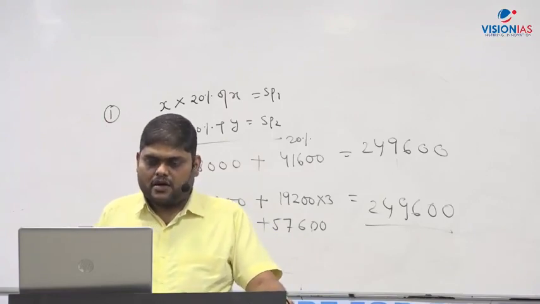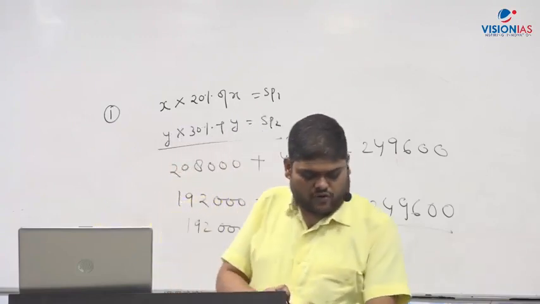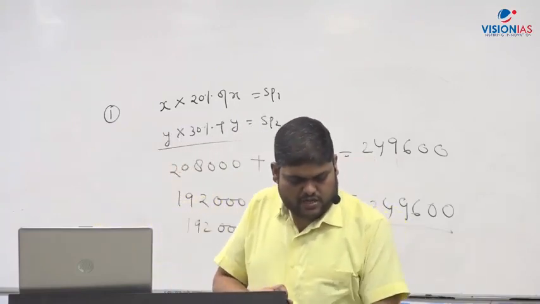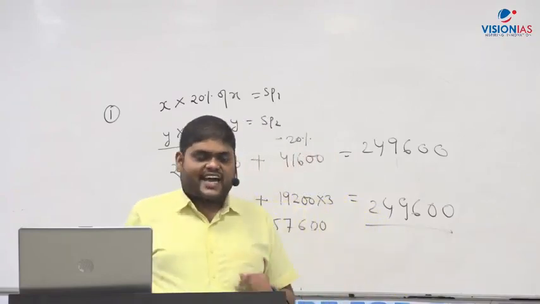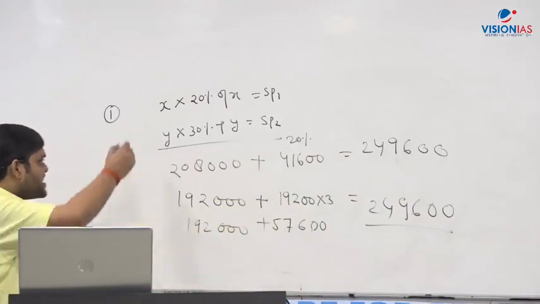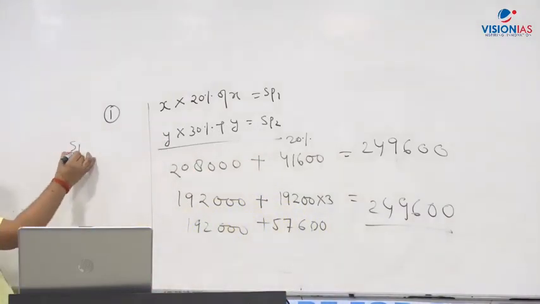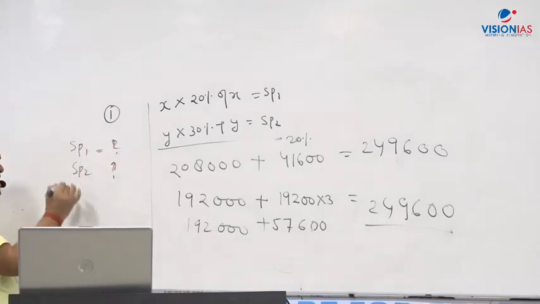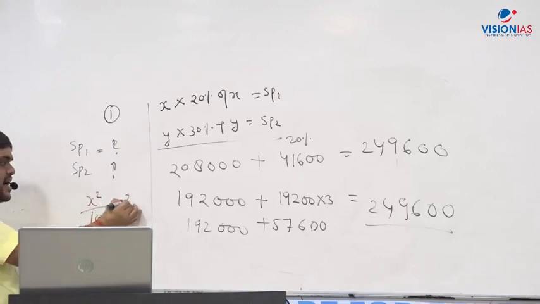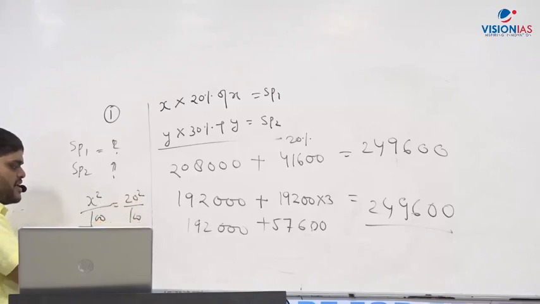Okay? The 4% part. Which question was there? 4% was, yes, question number 15, I think. So yesterday I told you, whenever selling prices are given, and one is profit, one is loss, then there will always be a loss of x square upon 100. That means 20 square upon 100, that means 400 upon 100, that means a 4% loss will be there.